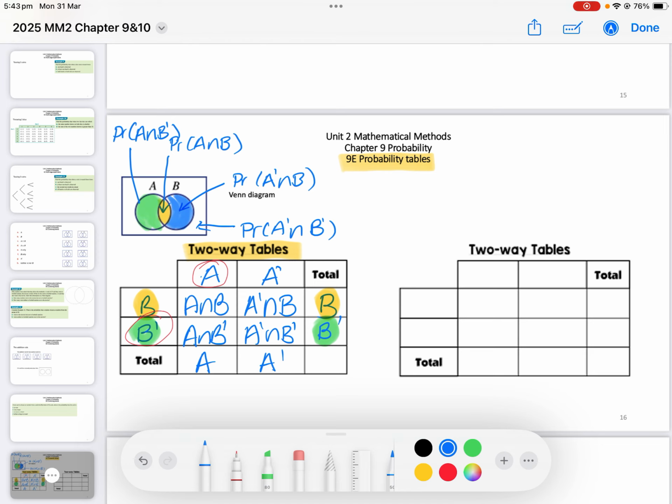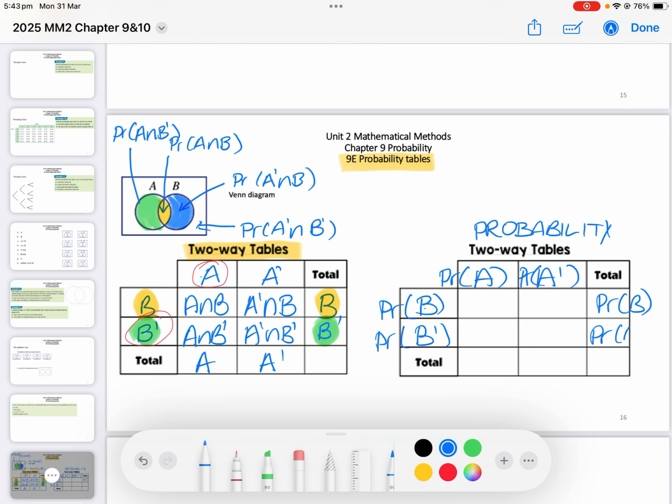So what I've done there is just done them as events, but if we go over here and fill it in the same way, I'm going to do a probability table. So this time it's going to be probability of B, probability of not B, and then A and not A. And this always adds to 1 because all our probabilities combined add to 1.